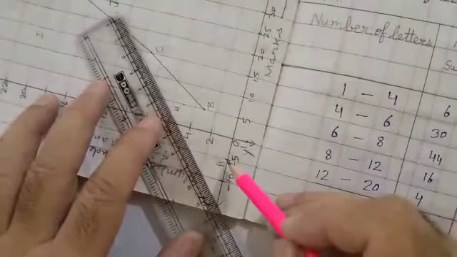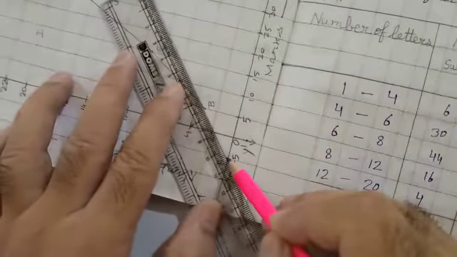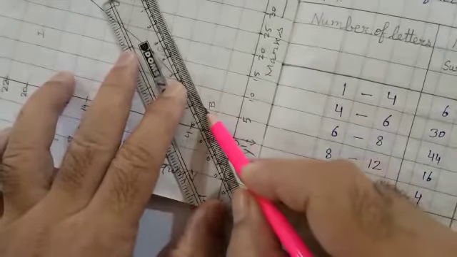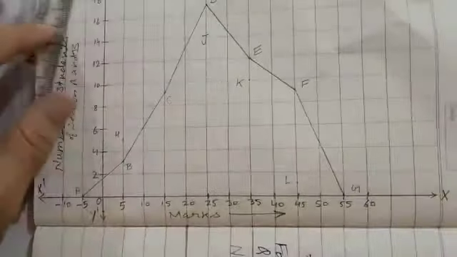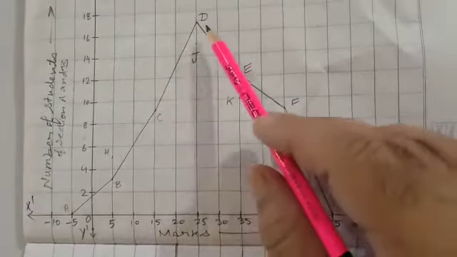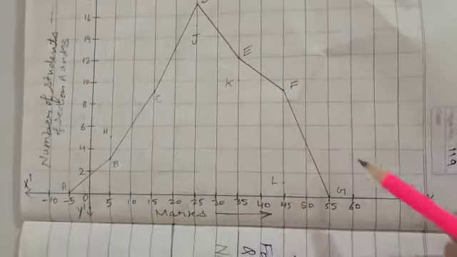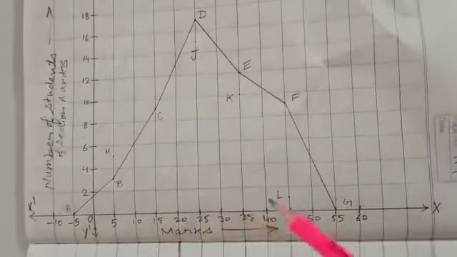So we join -5, that is A point, that is AB. This is your first frequency polygon of section A. A, B, C, D, E, F, G is the frequency polygon of section A.